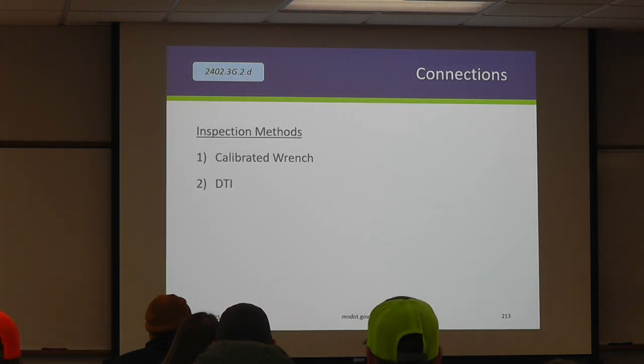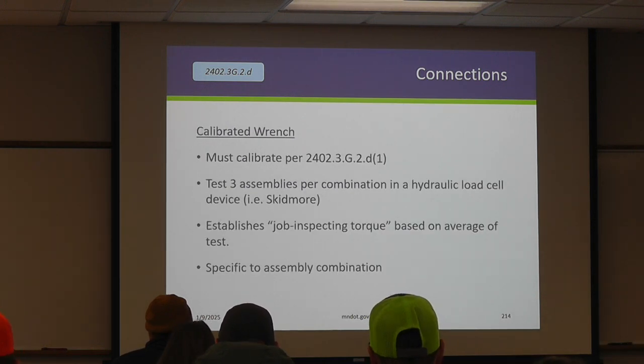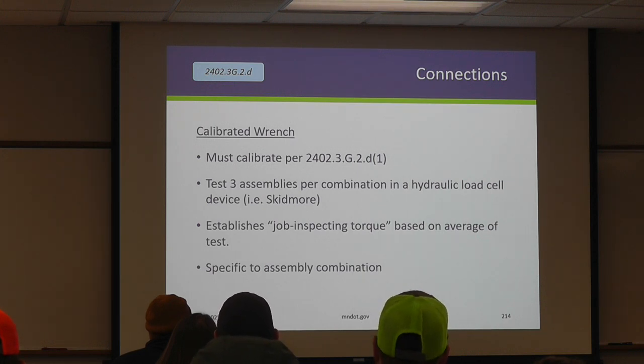Inspection methods. The spec book talks about a calibrated wrench and a DTI. I'm going to simply let you know that the calibrated wrench is in here. It has to be calibrated if for whatever reason you're going to be using this. Generally, it's prohibited. But the big piece of this is you're going to establish a job inspection torque.